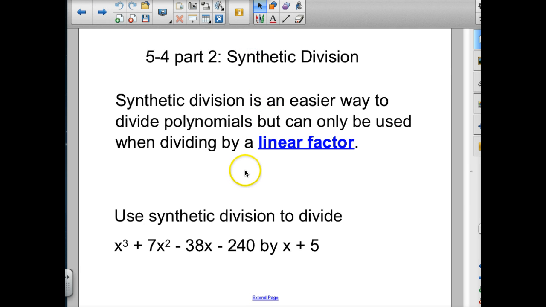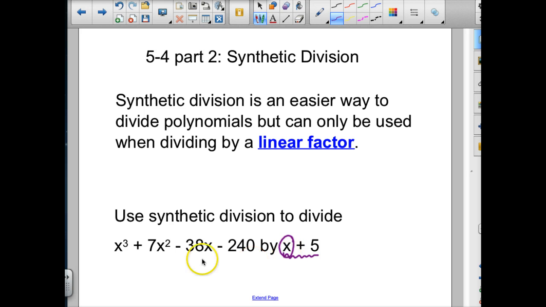Synthetic division is an easier way to divide polynomials when you have a linear factor that you're dividing by. Now, a linear factor is a factor that has just x to the first in the divisor. The thing you're dividing by is the divisor, and if you have x to the first plus a number or just x to the first, then you can divide using synthetic division.